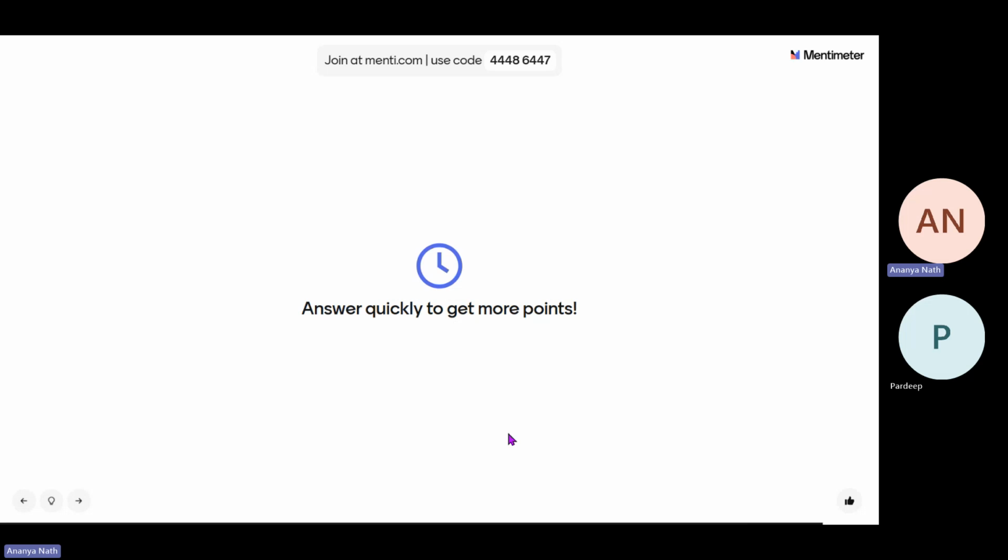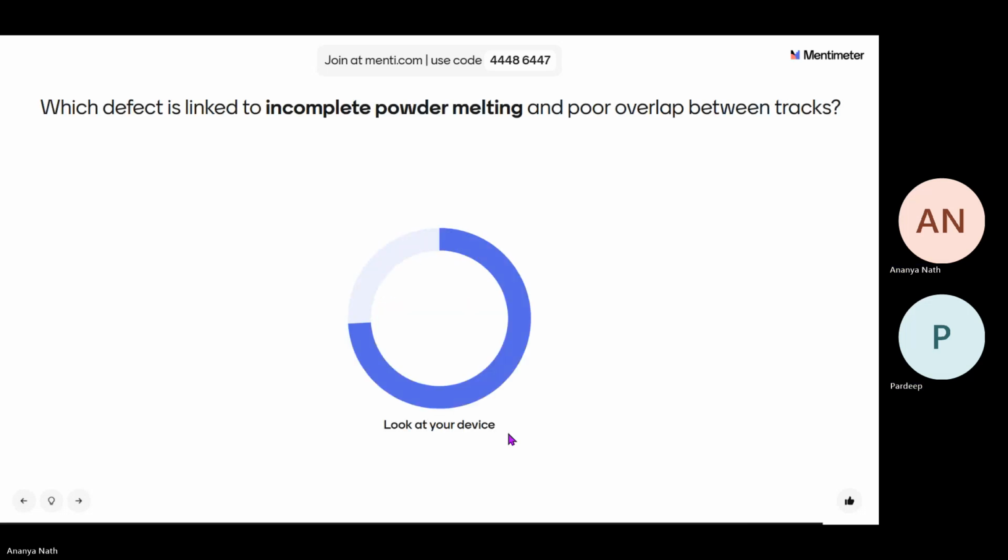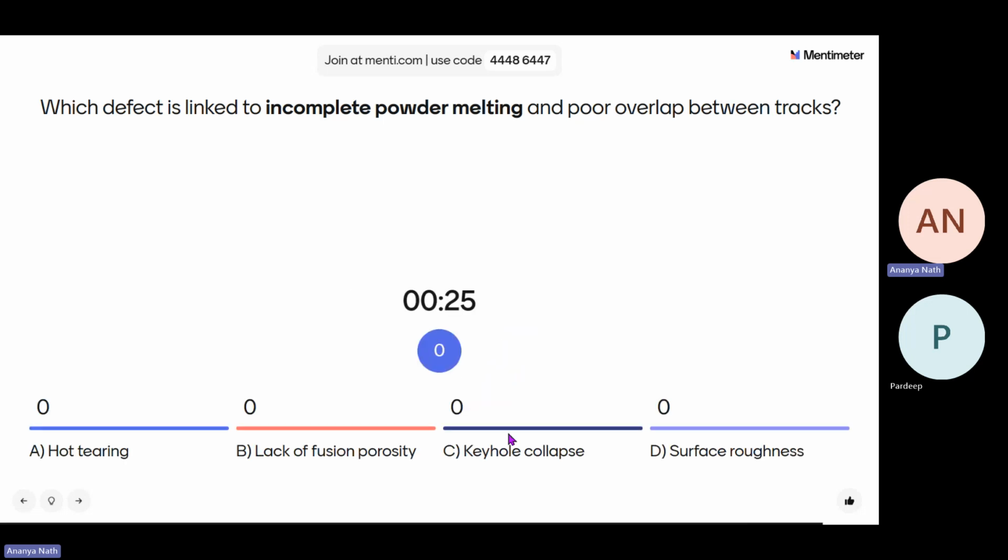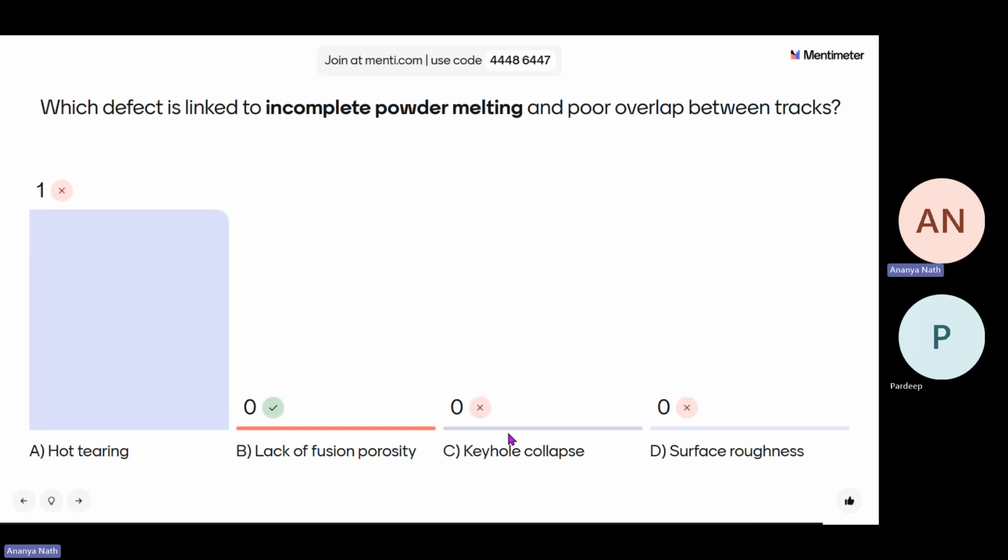Second last question. Which defect is linked to incomplete powder melting and poor overlap between tracks? It can be for DED, it can be for PBF.